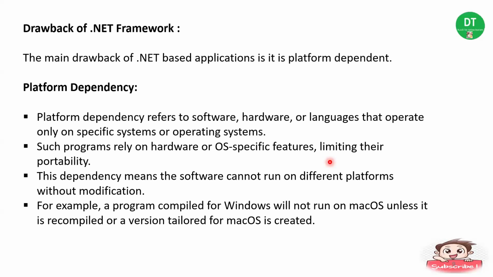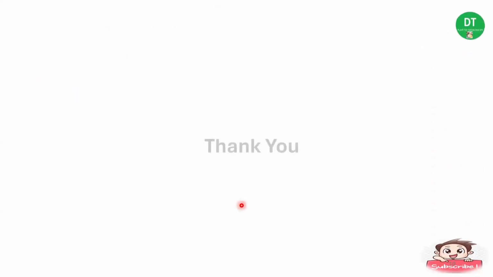Because of this, we have to make changes in the application to run it on the Linux operating system. This dependency means the software cannot run on a different platform without modification. For example, a program compiled for Windows will not run on Mac OS unless it is recompiled or a version tailored for Mac OS is created.